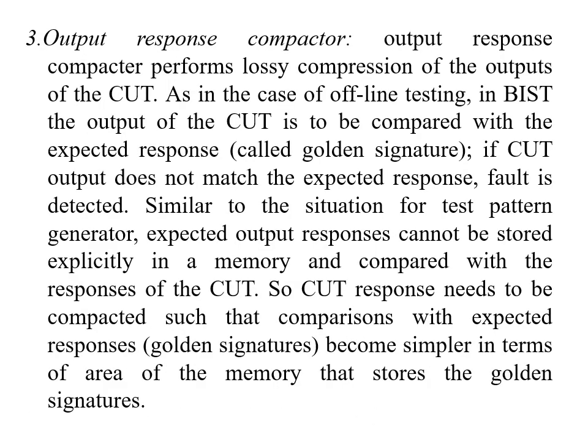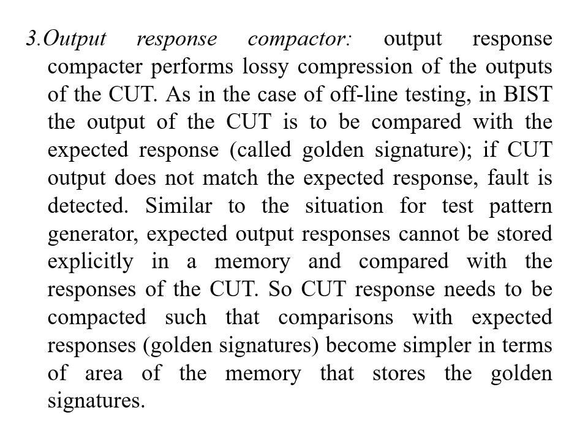Output response compactor. Output response compactor performs lossy compression of the outputs of the circuit under test. As in the case of offline testing, in built-in self-test, the output of the circuit under test is to be compared with the expected response. If circuit under test output does not match the expected response, fault is detected.